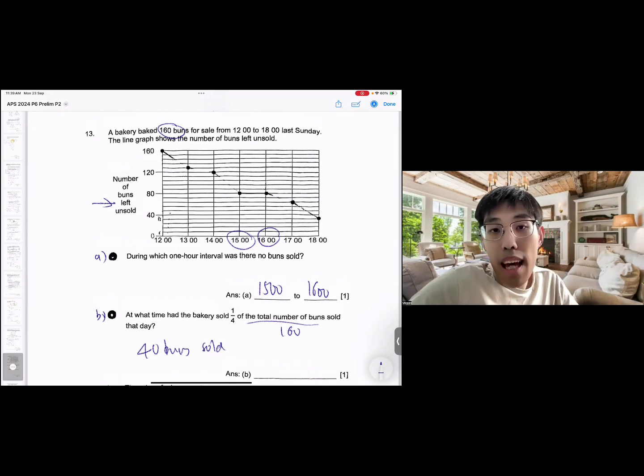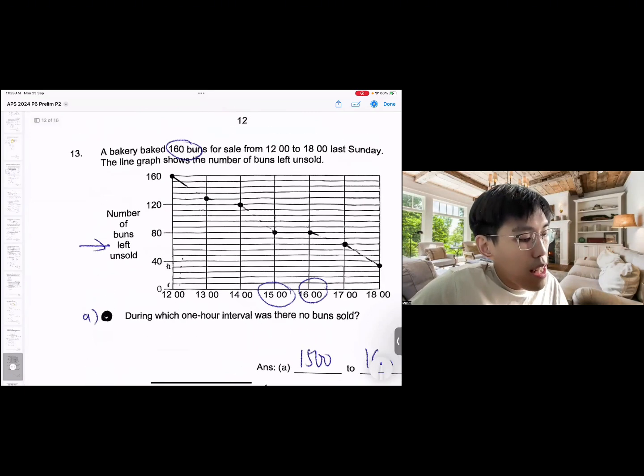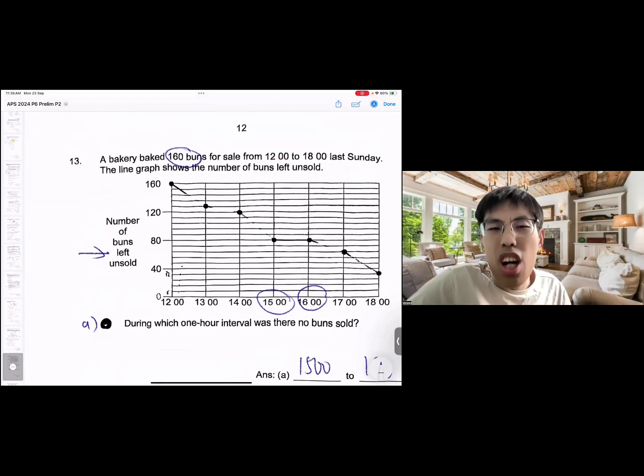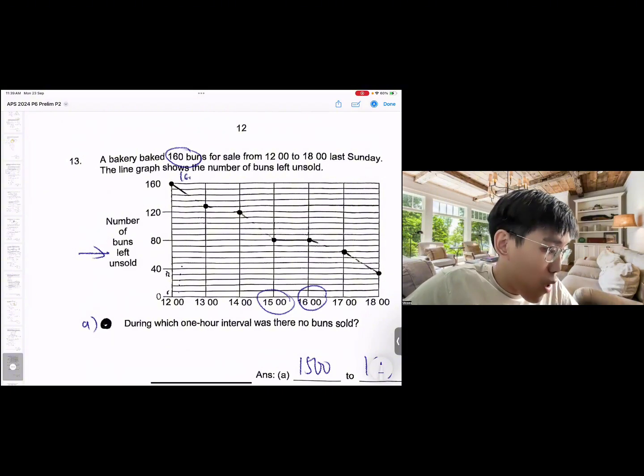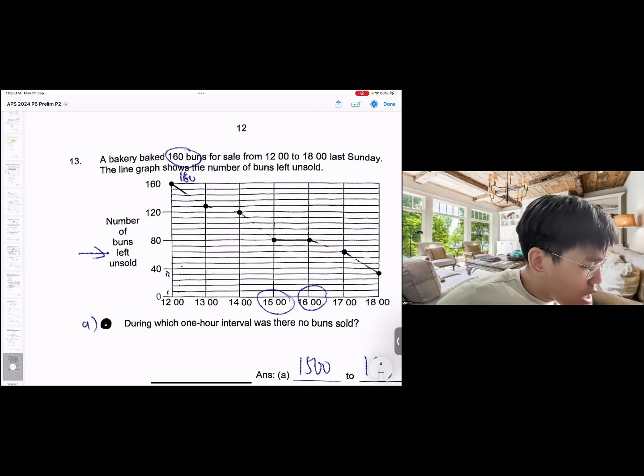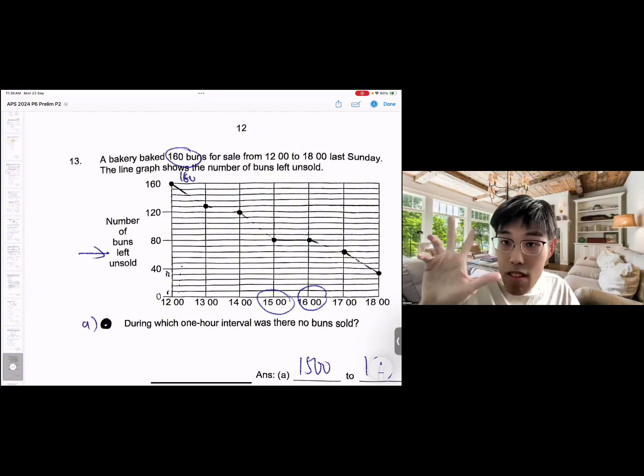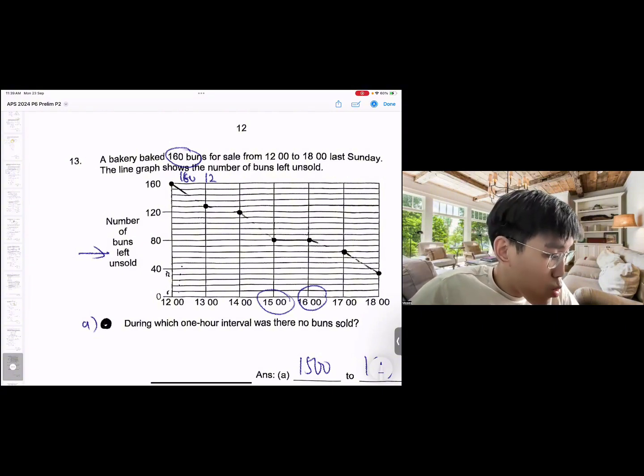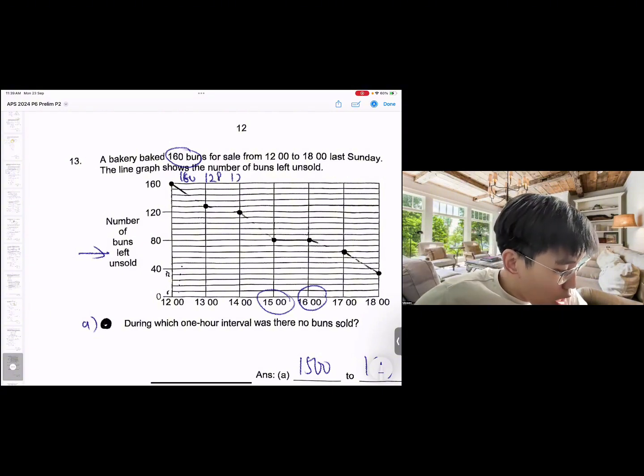At this point, we always have a common habit: whenever you see numbers or a graph like that, go and write down the numbers. It won't do you harm. So write down first 160. This one should be 1, 2, 4, 8. This is 40, 1, 2, 3, 4. So every line increases by 8, remember. So 128, 120, 80, 80.